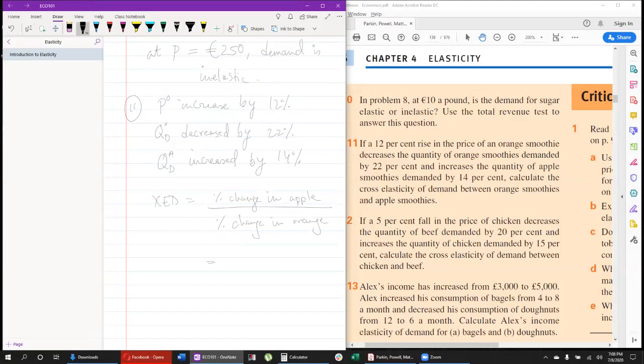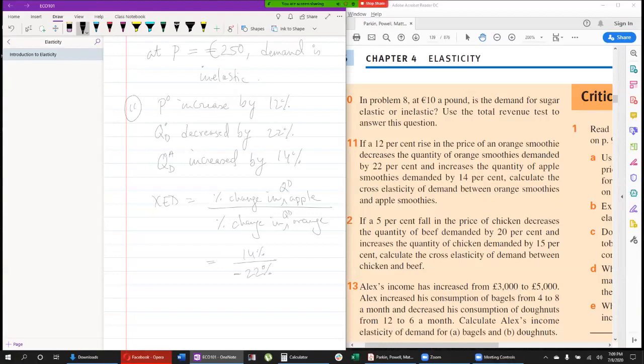And in question 11, quantity demanded of apples has increased by 14%, and quantity demanded of oranges has decreased by 22%. Let me just read the question again, make sure it's correct.